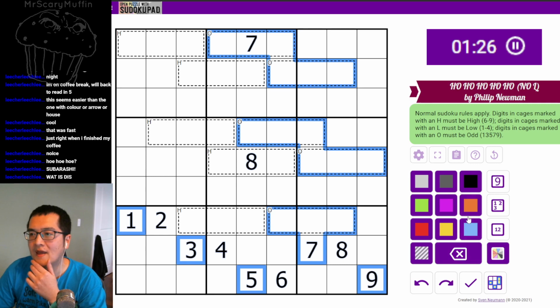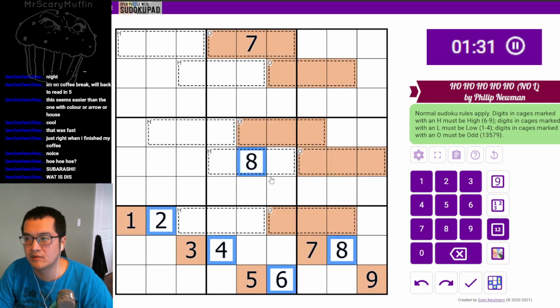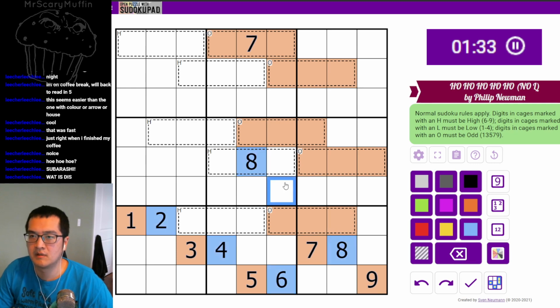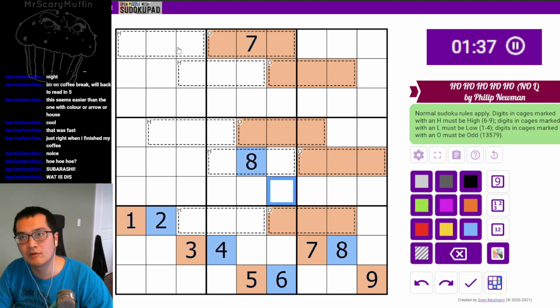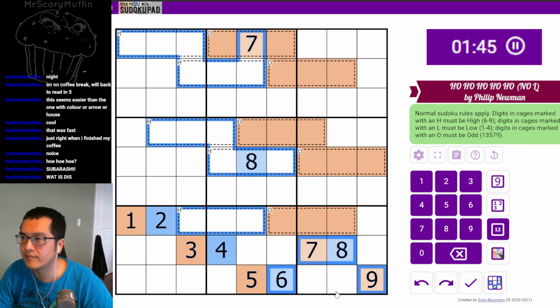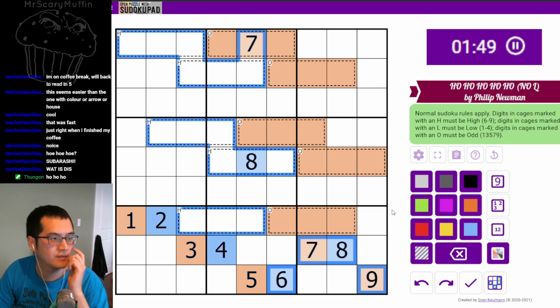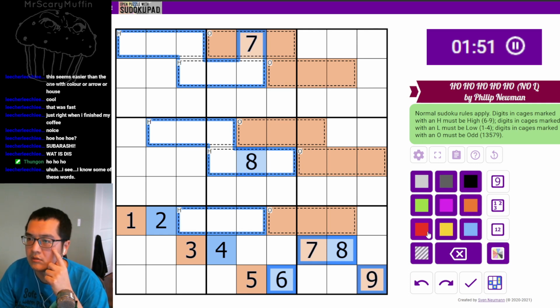I'm hoping that I can use both of them at the same time and it's not going to be too confusing, but we'll see. Because the problem is some of these are high and some of these lows, and the clues are going to start overlapping, and I don't know if that's actually going to be very helpful or not. Ho, ho, ho.